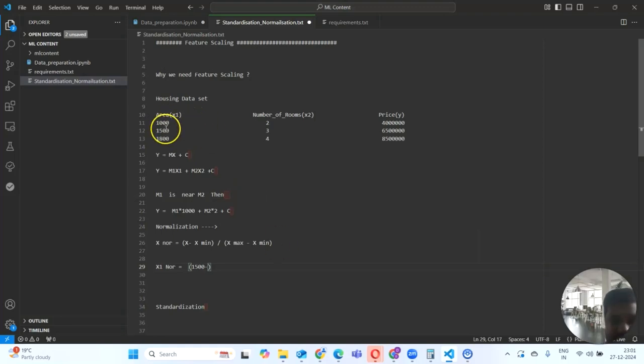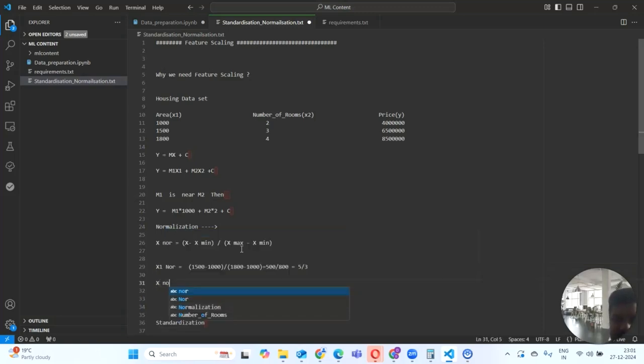If you see these three variables, x min is 1000. Now, what is the x max? Of the three values, the max is 1800. So this is basically 1000 as x min. That means 500 by 800, which is equal to 5 by 8.